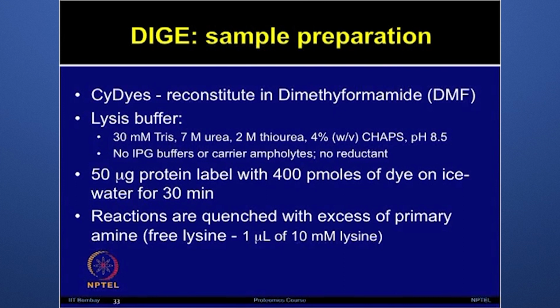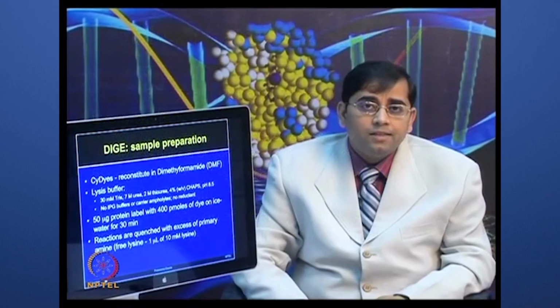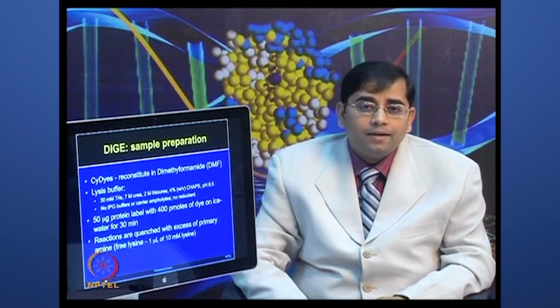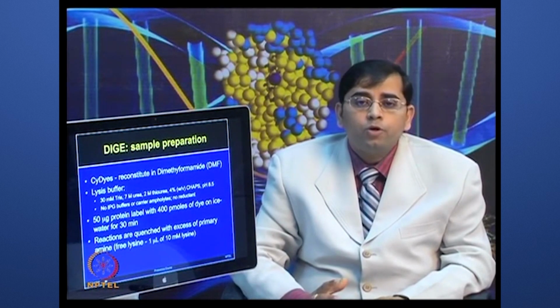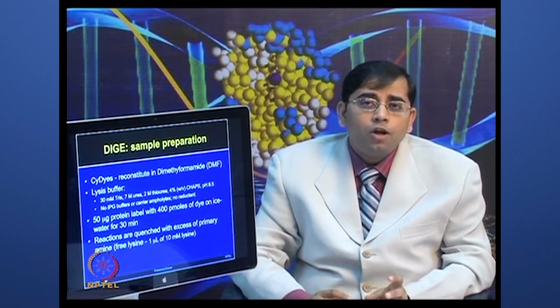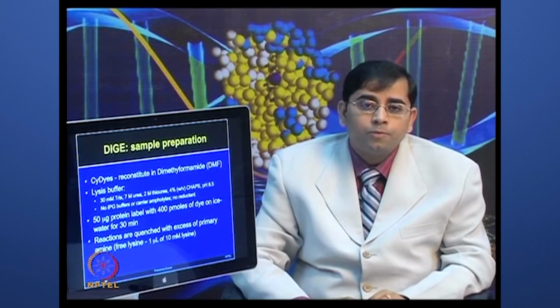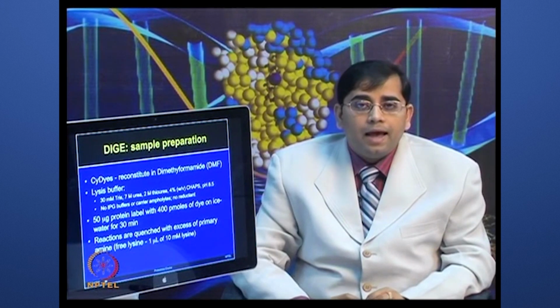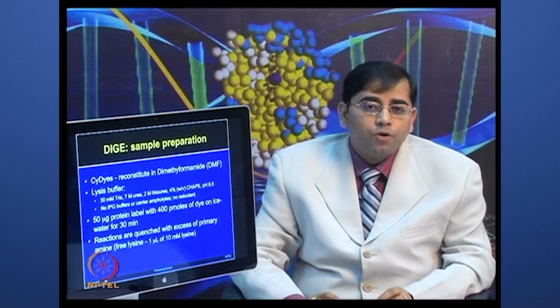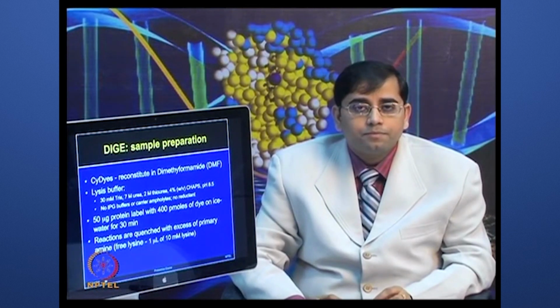Please make sure there is no IPG buffer or carrier ampholyte, and no reductant added in this lysis buffer. Since you want to perform the minimal labeling, you need to add only 400 picomole of dye to 50 microgram of protein, and the reaction should be performed on ice for half an hour.